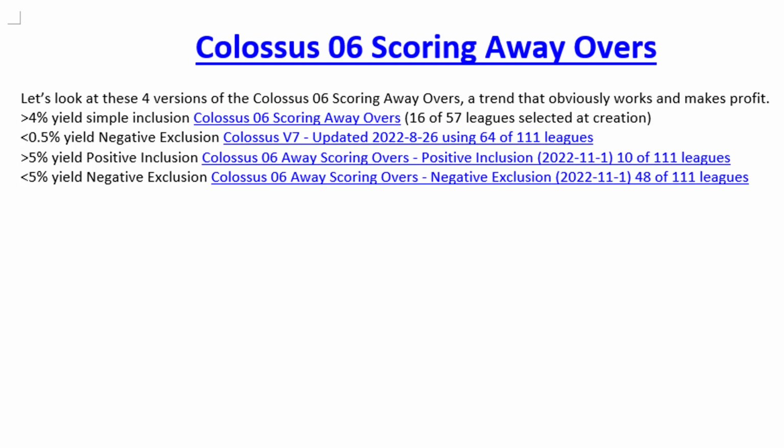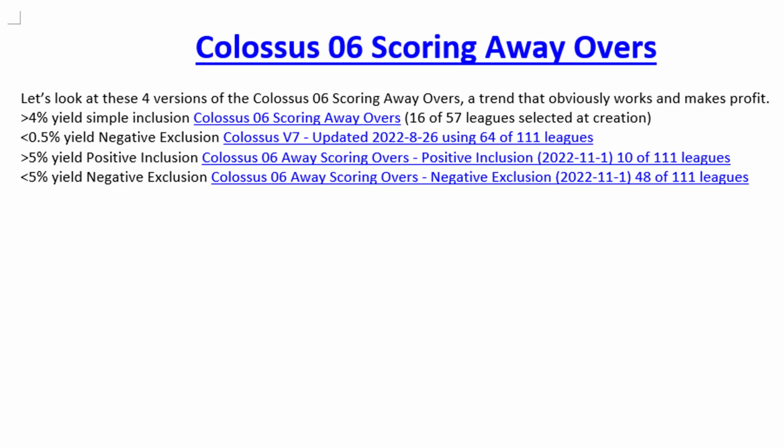So basically, I excluded loss-making leagues with more than 100 bets in their data set, and that ended up including 64 of the 111 leagues available in the database. So I thought this would work better because I'm avoiding data mining, and I can apply this winning formula that worked with the Colossus 06 to all of these new leagues, these 111 leagues. And that new version has done all right, but just recently it's had a bit of a bad run, and I want to know why.